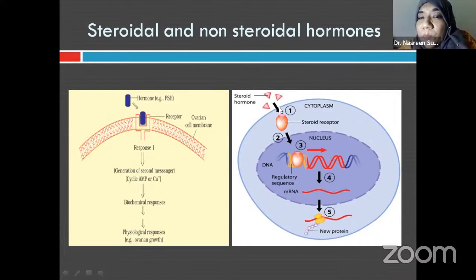So the hormone will bind to the receptor and the complex will enter into the nucleus, and there they bind to the DNA, affecting the translation of proteins, and there will be change in the function of the cell.